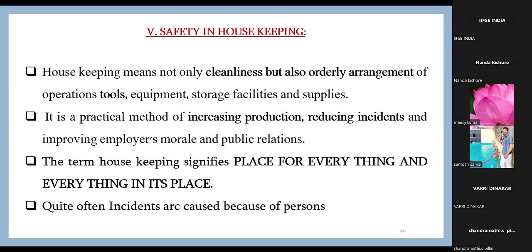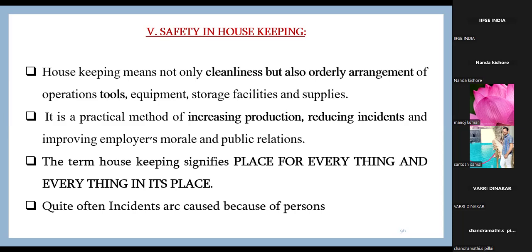One is to keep your workspace tidy and clean, and the second is to orderly arrange all your equipment or production related things. Housekeeping is a practical method of increasing production, reducing incidents, and it improves the employees' morale and public relations.